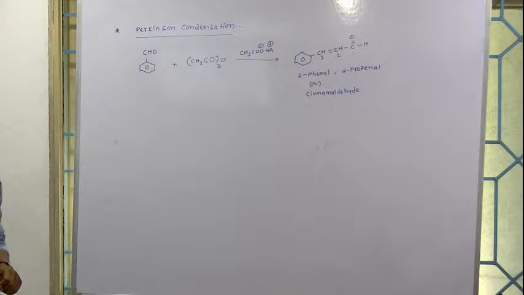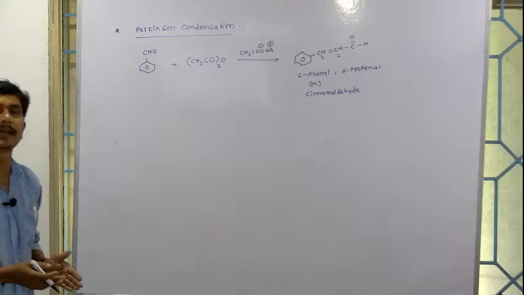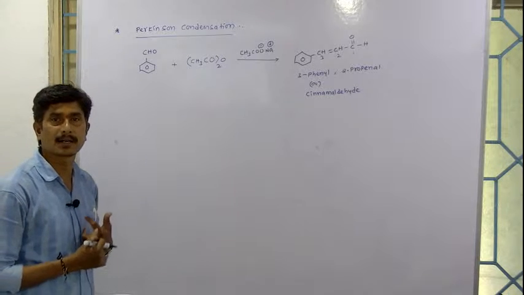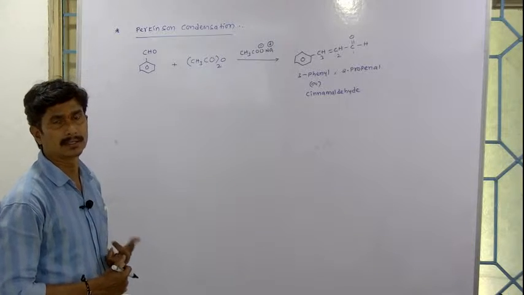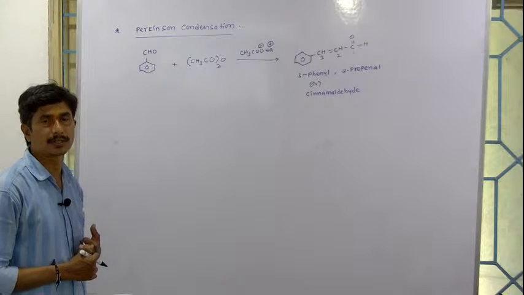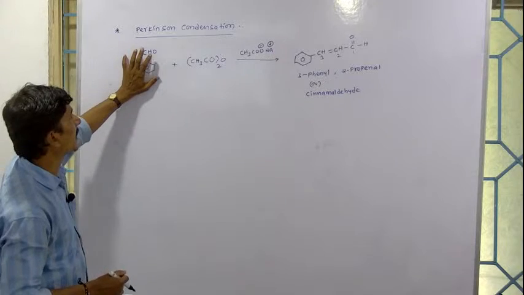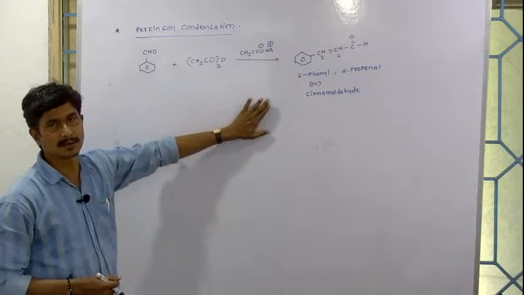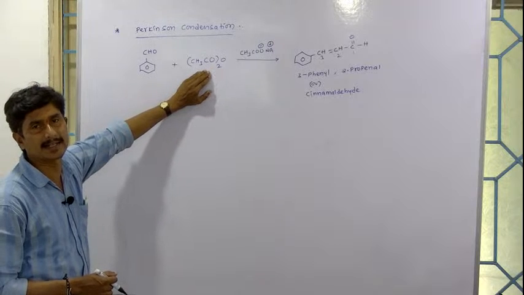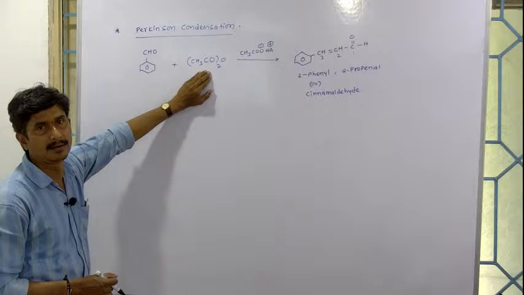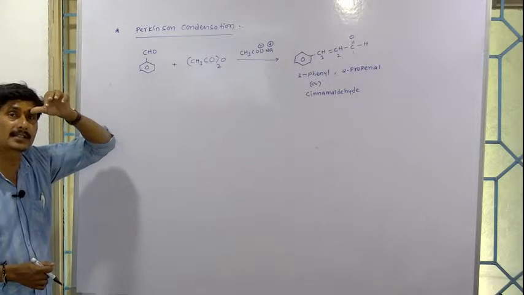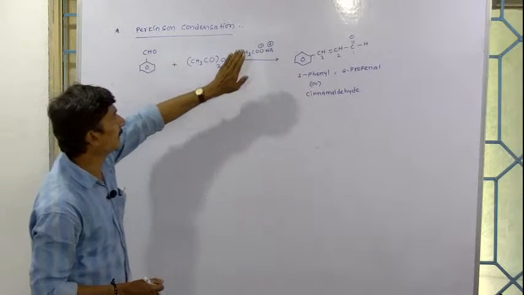Aliphatic aldehyde treating with the base can give the alpha beta unsaturated aldehyde or ketone, that is known as the aldol condensation or ketol condensation. Similarly, aromatic aldehydes will also give the same reaction when they are treated with the anhydride of a carboxylic acid and the salt of that acid.